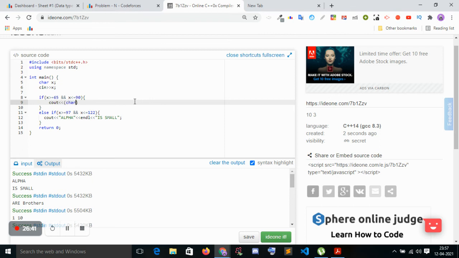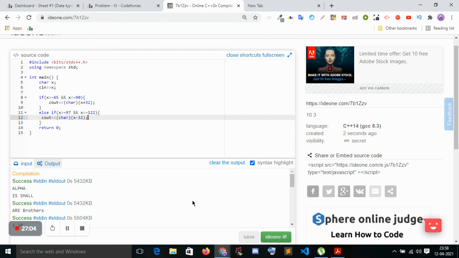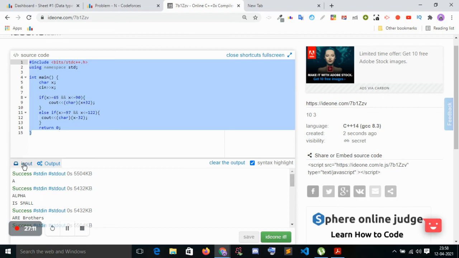So first I will type cout char x plus 32. And if it is lowercase, then cout char x minus 32. So if it is small, let's try, it is getting capital. So it's getting correct. Okay, because our input is small and converting to capital.